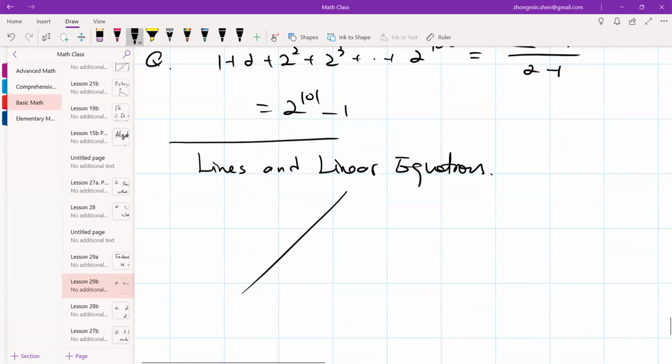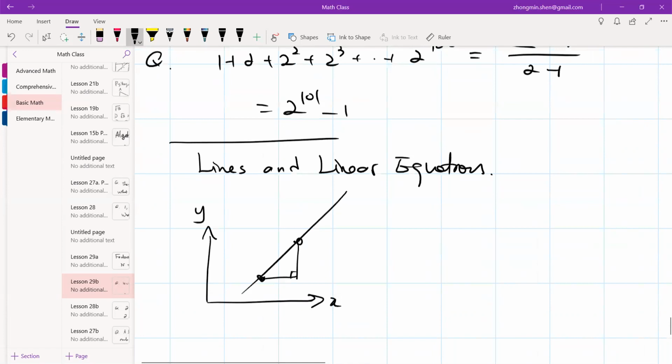Just a line like that. Now, you need a so-called slope. You draw a triangle, taking two arbitrary points.